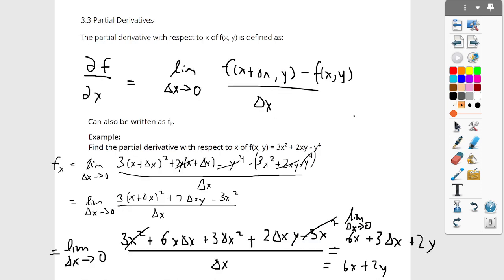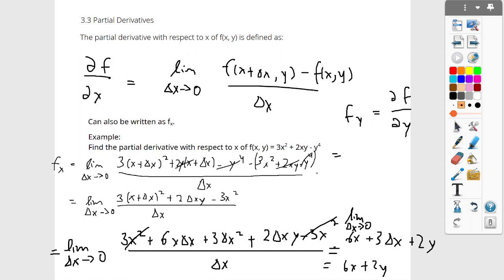So if I were to ask what is f sub y in this case, what is the partial derivative with respect to y, I'm just going to write this out as well, just to make you more familiar with the notation. It will be, what's the derivative of 2xy?